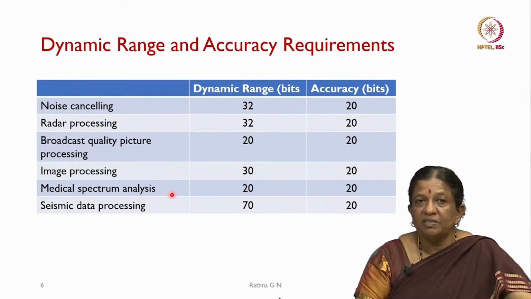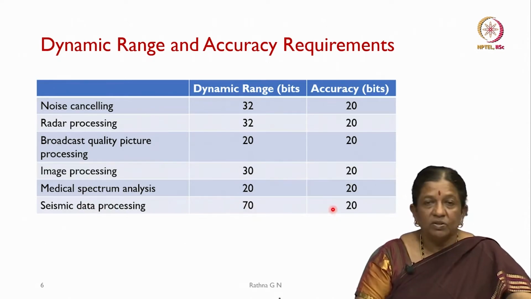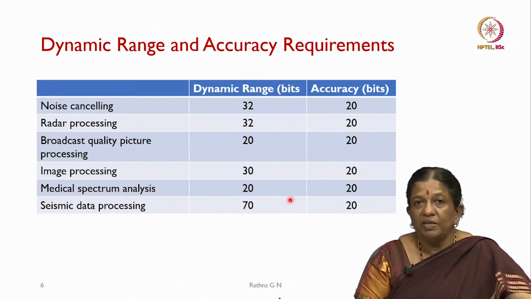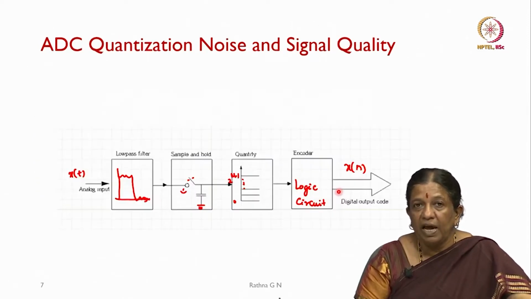In medical spectrum analysis both can have 20. When you go for seismic data processing, the dynamic range we need is 70 bits to 20 bits. In most of the cases we are designing, the 6713 DSK board we are using is 16 bit, so it is nearer to what we can have.